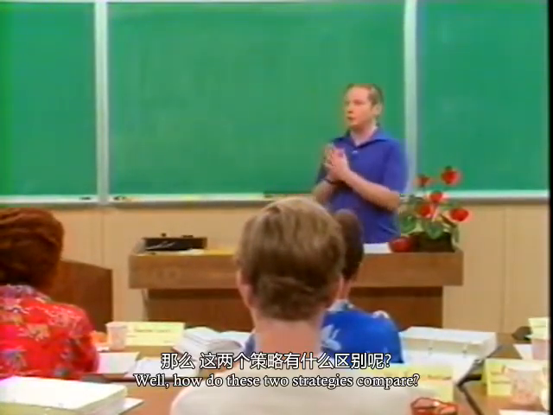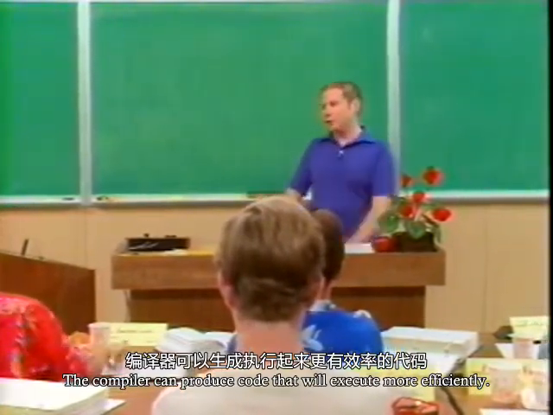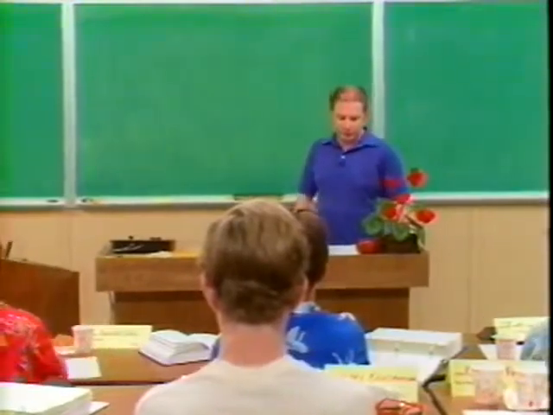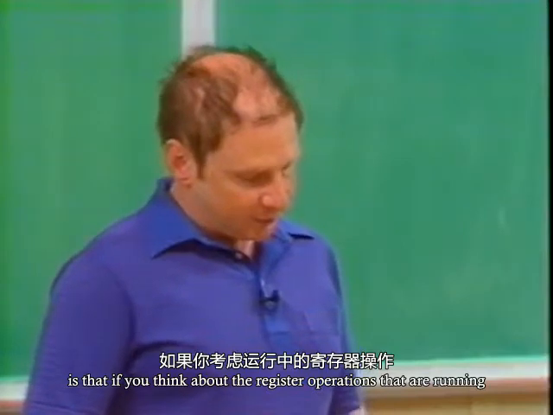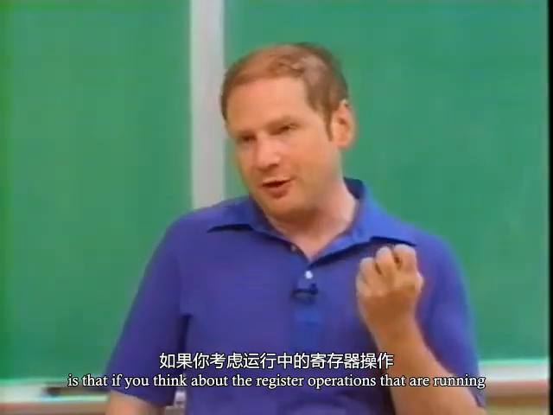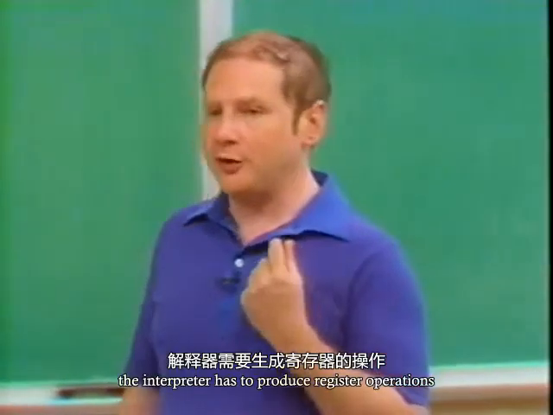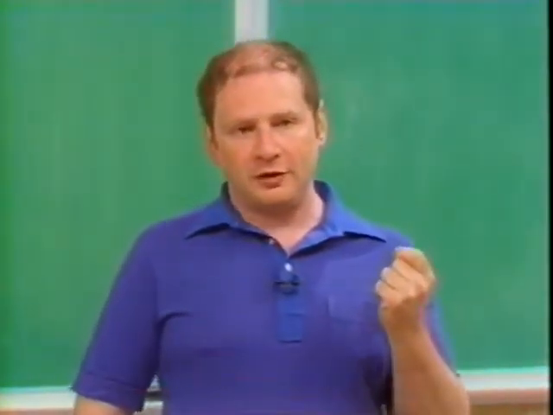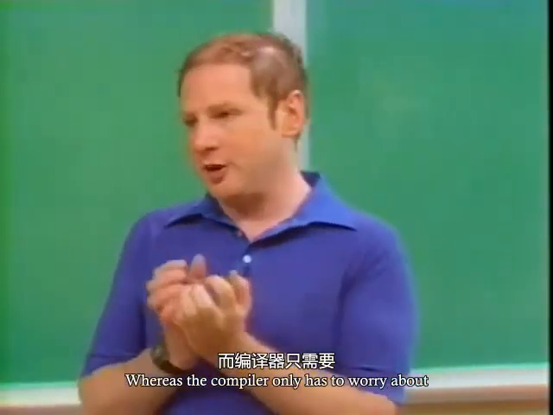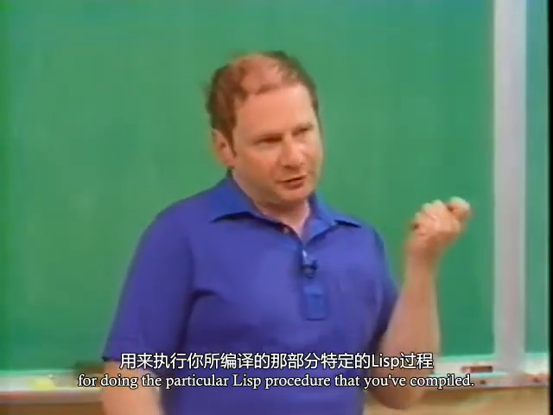Well, how do these two strategies compare? The compiler can produce code that will execute more efficiently. The essential reason for that is that if you think about the register operations that are running, the interpreter has to produce register operations which in principle are going to be general enough to execute any Lisp procedure, whereas the compiler only has to worry about producing a special bunch of register operations for doing the particular Lisp procedure that you've compiled.